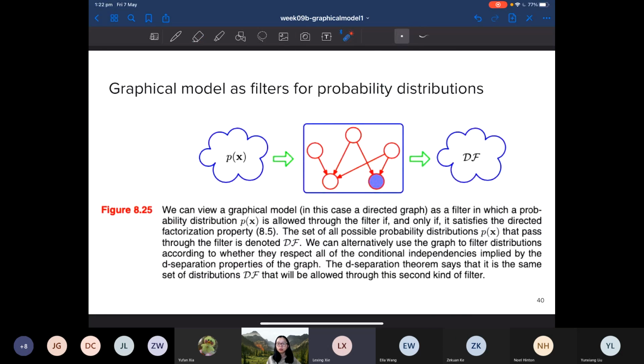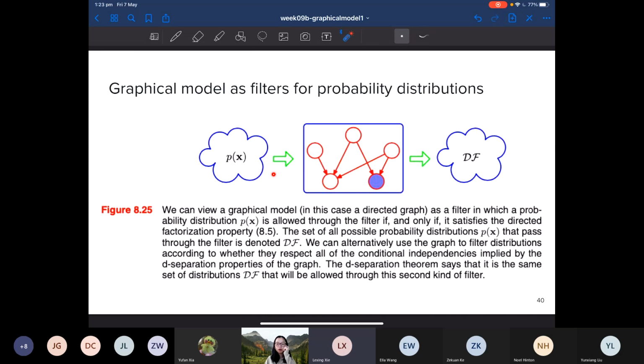So we're nearing the end of this series of concepts in graphical Bayes networks. Here's a general picture, taking a step back. We are looking first at the general joint distribution P of x for some non-trivial number of random variables. If we have a graph or Bayes network containing these variables, we can look at this graph as a filter.